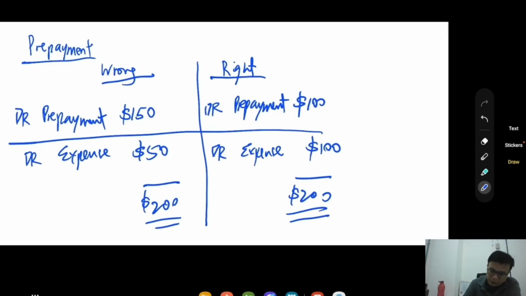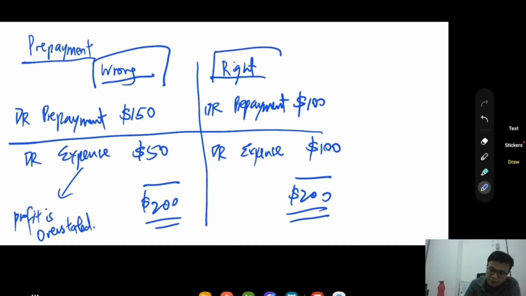But the thing is that under the wrong column over here, profit is overstated because the correct expenses to be debited is $100 instead of $50.